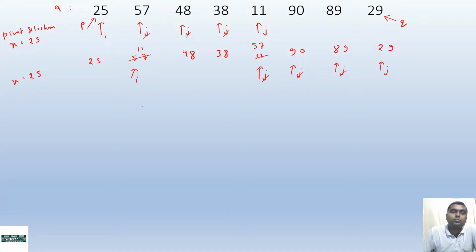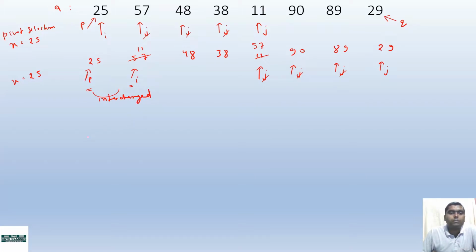So after this is over, the first value, that is the value pointed by this particular P, and the ith value will be replaced. So what is the ith value? The ith value is this one. So finally these two will be replaced, these two will be interchanged.